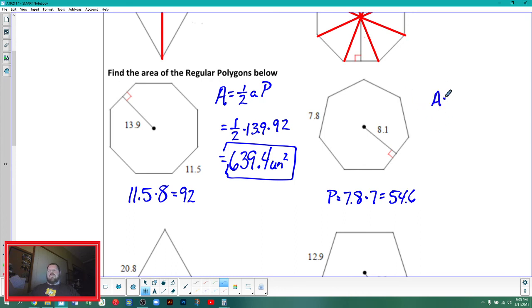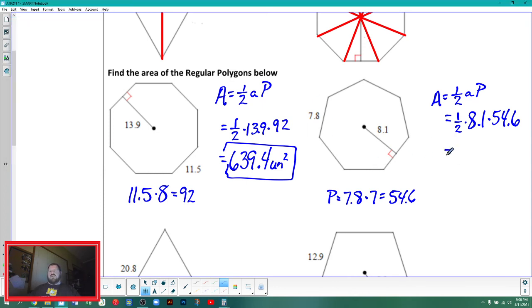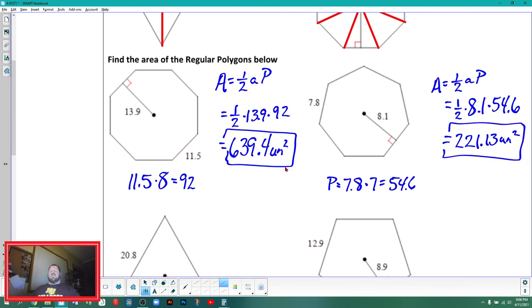So my area, being 1/2 apothem times perimeter, is going to be 1/2 times 8.1 times 54.6, which is $221.13. And again, units squared. We are again trying to figure out how many little squares would fit into this shape.